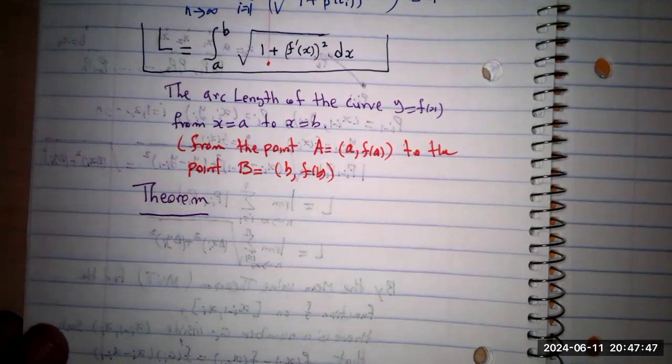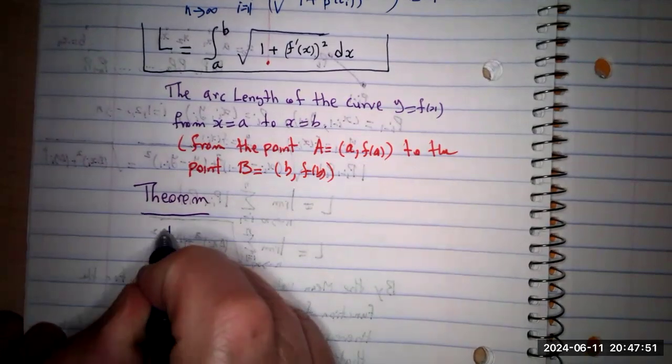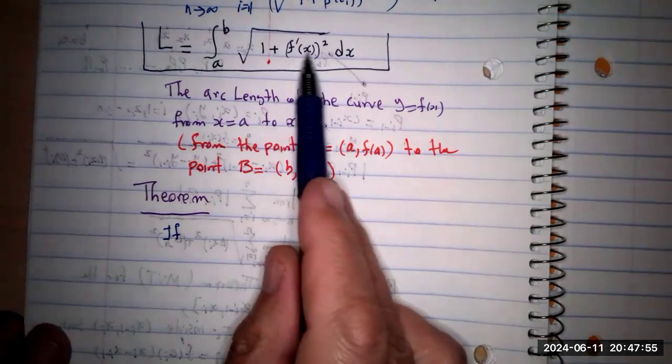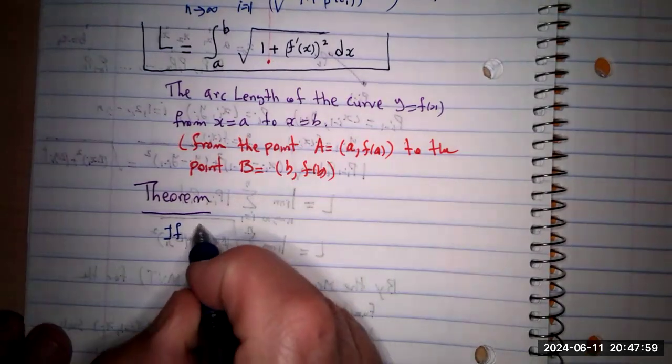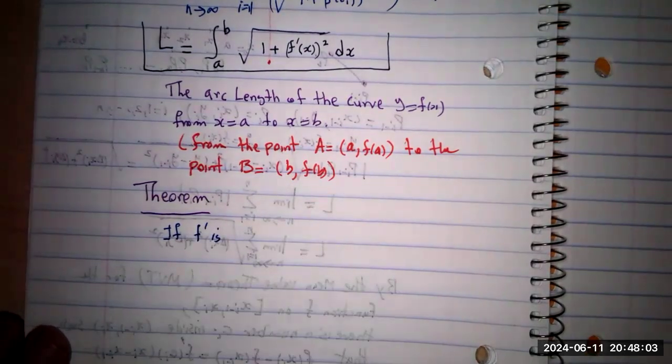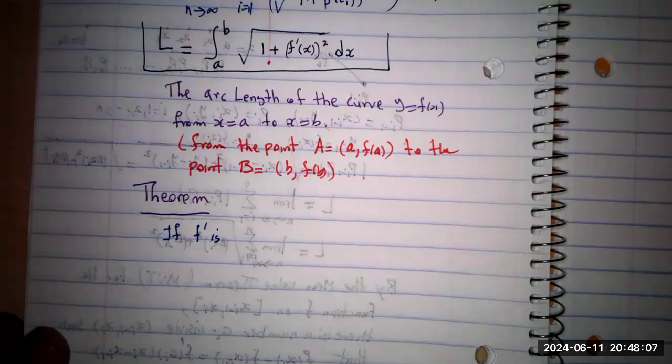The conclusion is this: f prime must be continuous, otherwise you cannot get the integrability here. If a function is differentiable, there is no guarantee that f prime is going to be continuous. For complex functions that's true, but not for real valued functions.